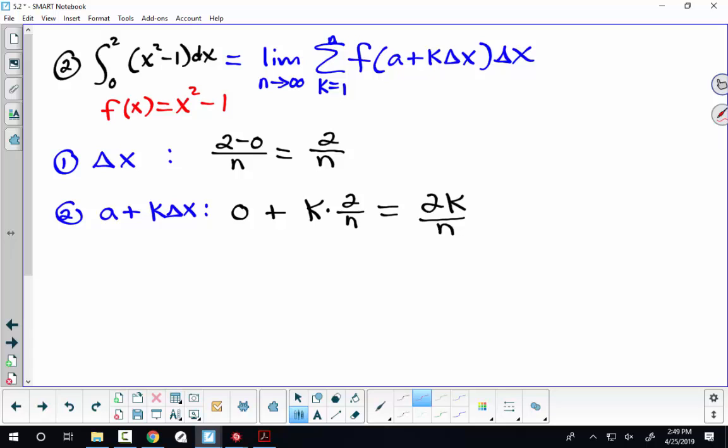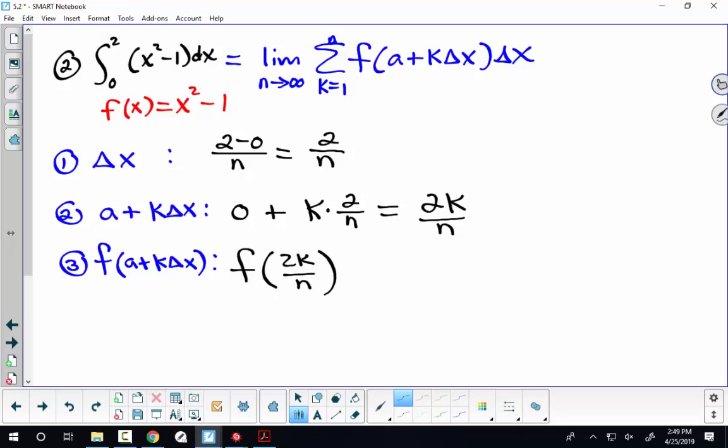We've got our a plus k delta x. Then we're going to plug that into the function. So we're evaluating f of 2k over n. So we're going to square the input and then subtract 1.